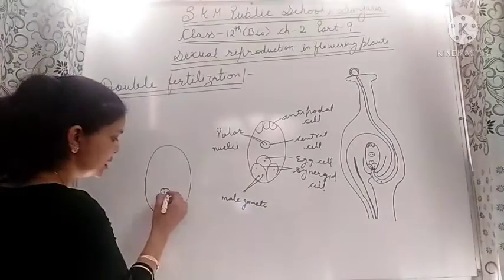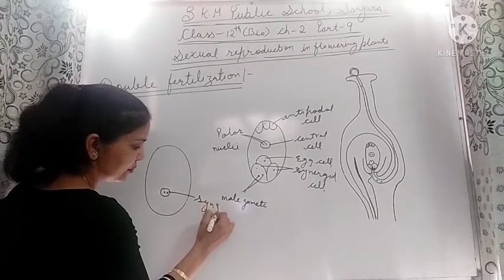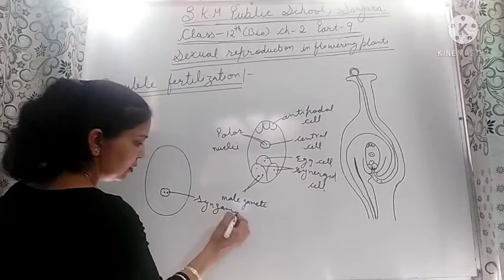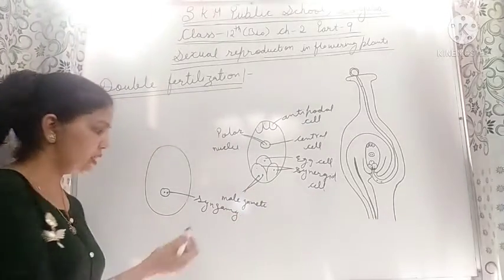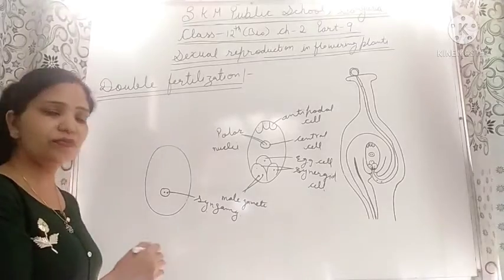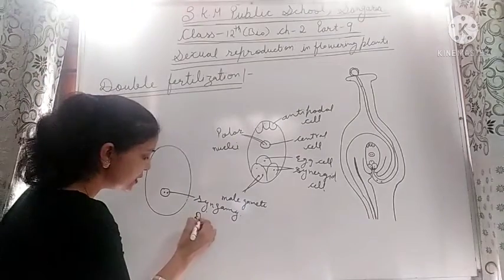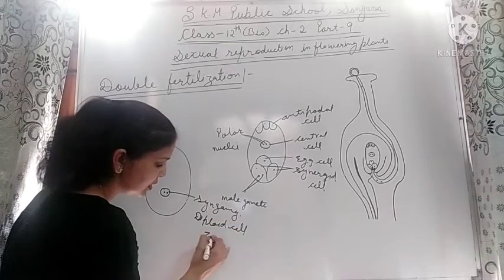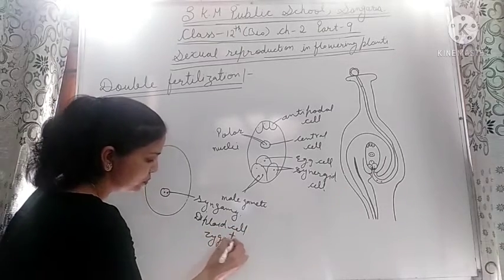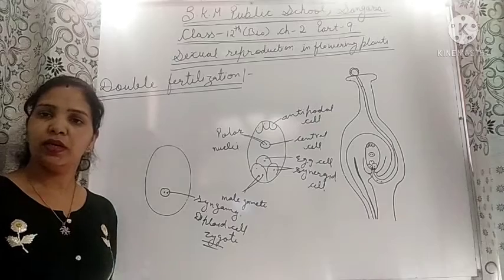This is called syngamy. Fertilization is done. 2 haploid cells fuse. This is known as syngamy. After that, a diploid cell, the zygote, is formed. Clear?